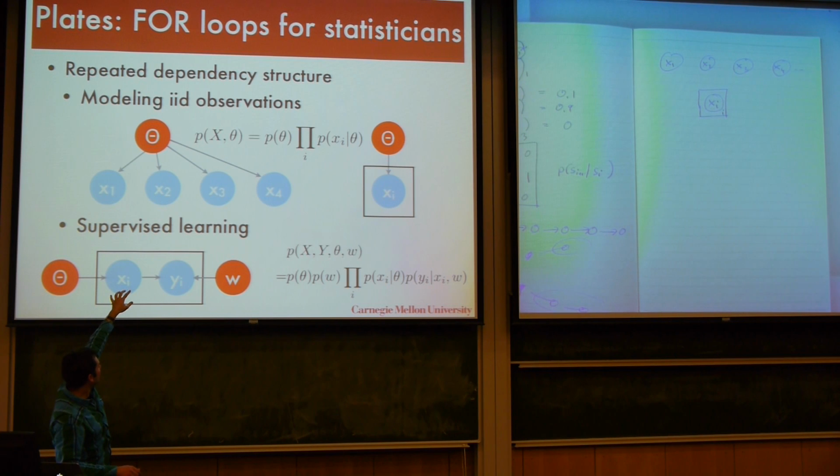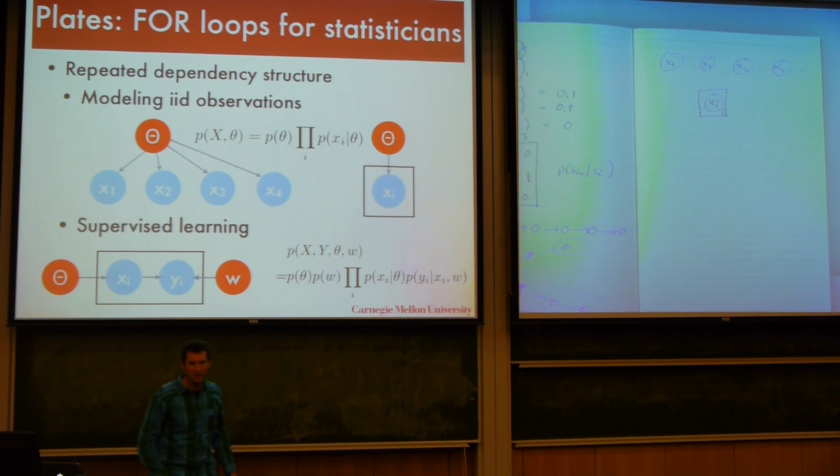Then I can say, well, I'm really sick of drawing each of those circles separately, so I'm just going to draw a rectangular box over the xi's and say, repeat this. And they all better depend on some external variable theta. So that's the equivalent of a for loop. This is a conceptually non-trivial innovation, and it lets you write out really large graphical models very efficiently.